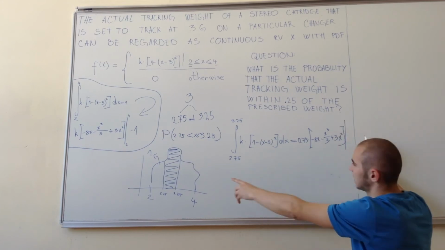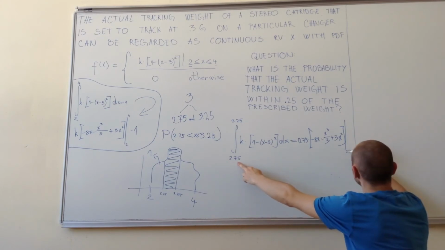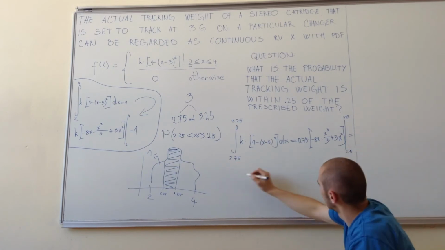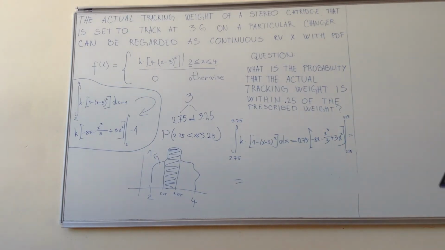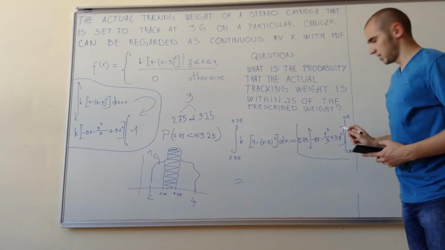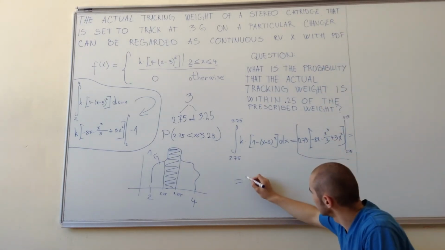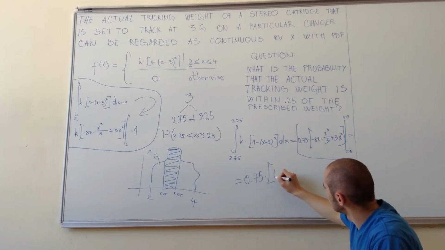The only thing that changes is the limit, so now we go from 2.75 to 3.25. Again, we will take our calculator and calculate this part. So 0.75 will remain.